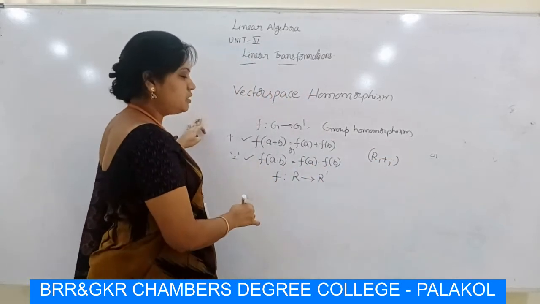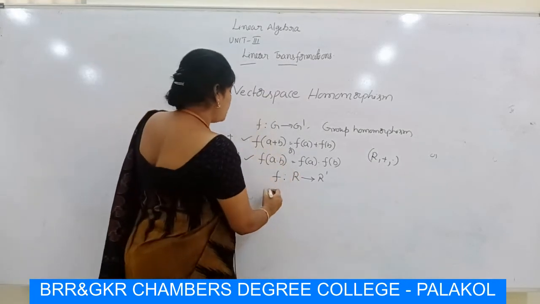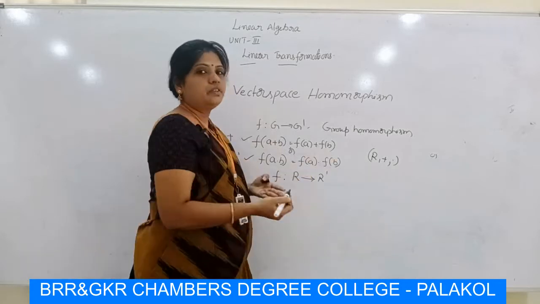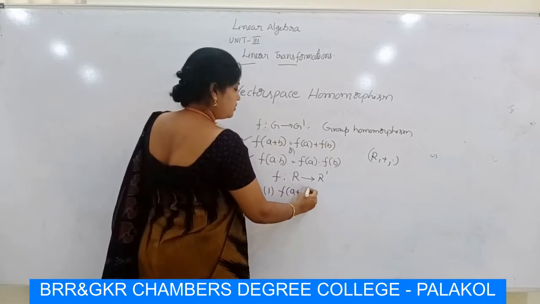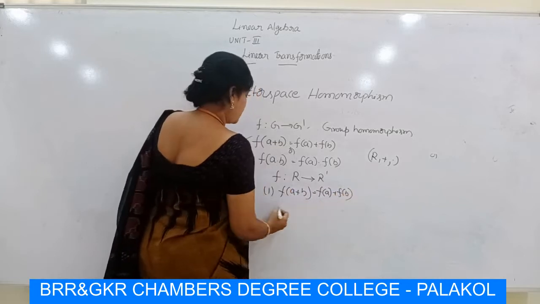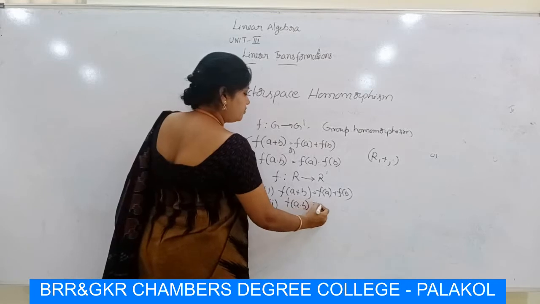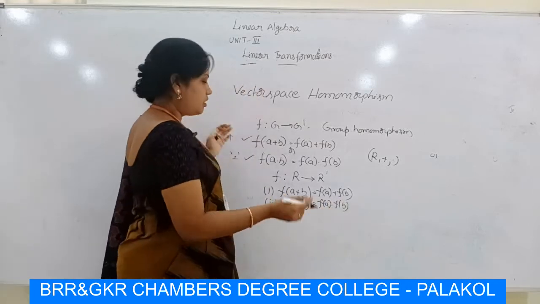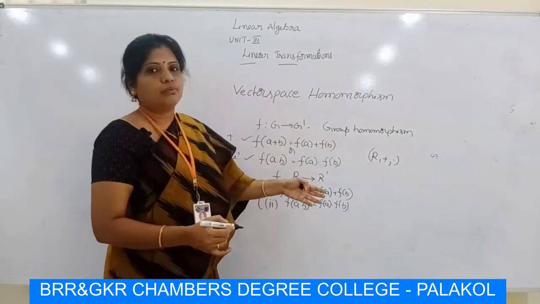So here the homomorphism conditions are two, with respect to addition and with respect to multiplication. First, f(a + b) = f(a) + f(b). And the second condition is f(a·b) = f(a)·f(b). If f maps R to R' satisfying these two conditions, then it is called a ring homomorphism.